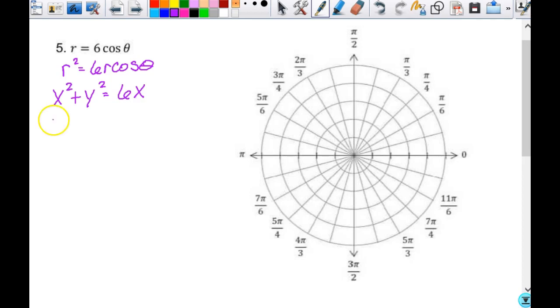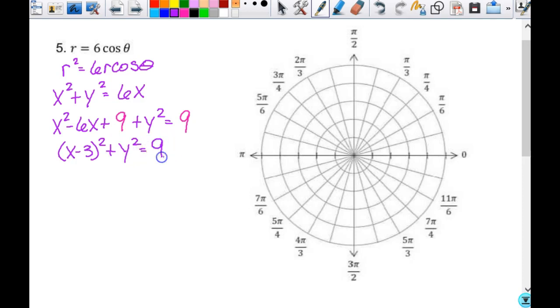So I'm going to move my 6x over. So x squared minus 6x. I'm going to leave a space. This will be plus something. Then plus y squared equals something. So I've got to complete my square and replace some. What goes here? 9, which means 9 goes here as well. So then I can take this, and it becomes x minus 3 squared plus y squared equals 9.